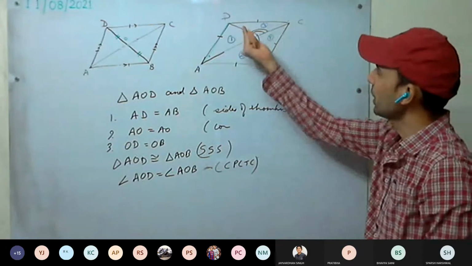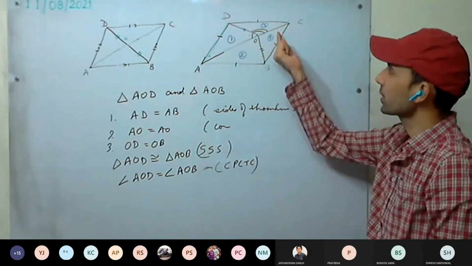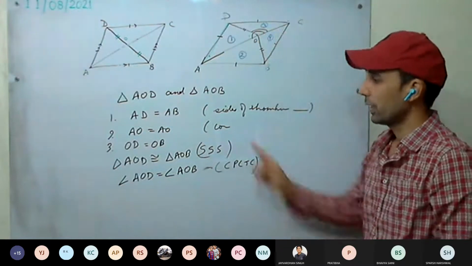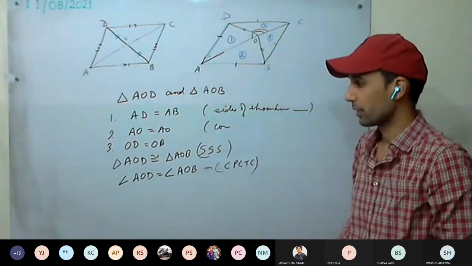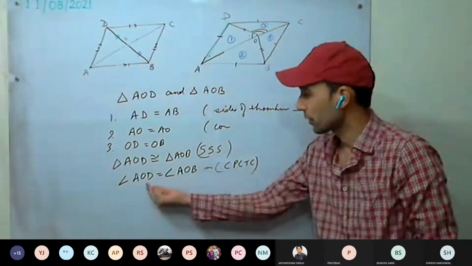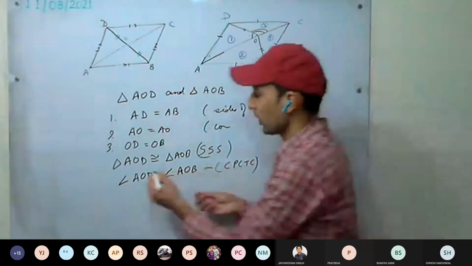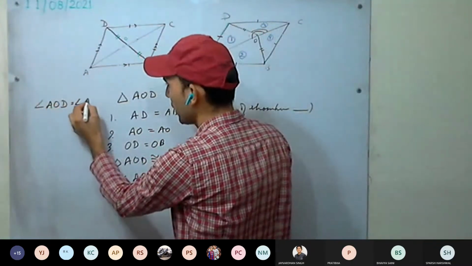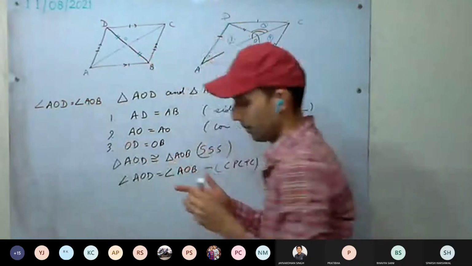Now, similarly, with these two triangles, we'll prove the congruency and we'll prove these two angles are equal. This is clear. I'm going to rub this one and keep this one. So we have proved angle AOD equals angle AOB.